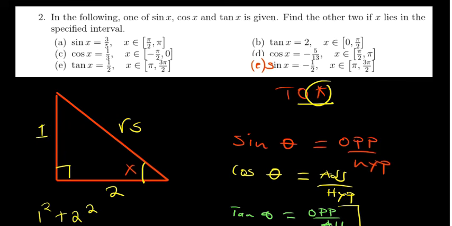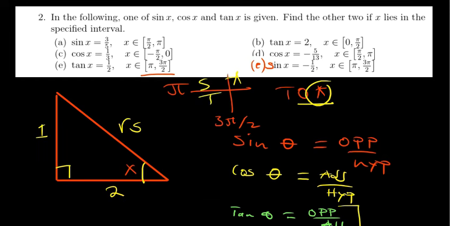Okay, so which quadrant are we in if you look at the value of x here? Observing the value of x, 3 pi over 2, between 180 and this part, so we are in the third quadrant. In the third quadrant, all students take, so tan is the only positive one there, so all the other answers will be negative.